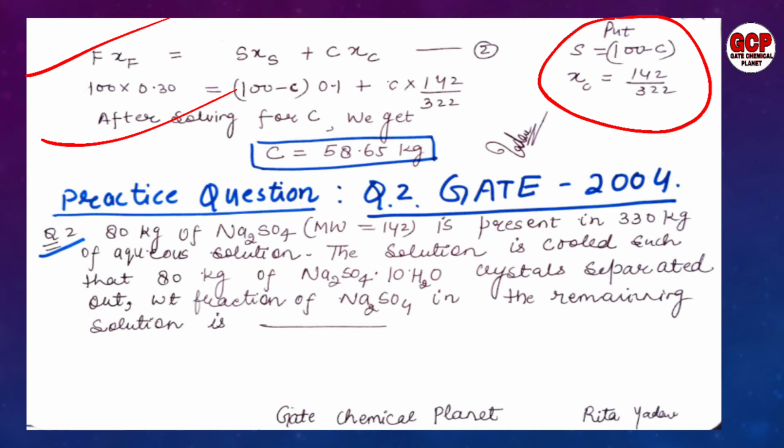The solution is cooled such that 80 kilograms of crystals separate out, and the amount of crystals separated out is also given, equal to 80 kilograms. So the capital C value, the amount of crystal formed, is 80 kilograms. And what is asked to calculate?